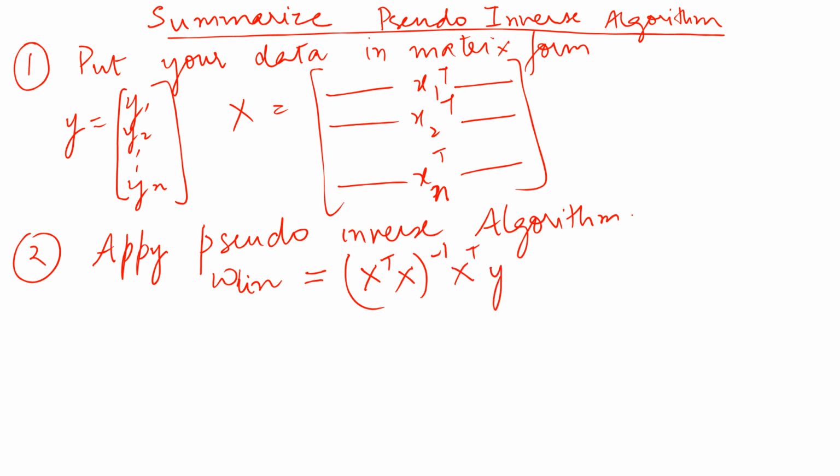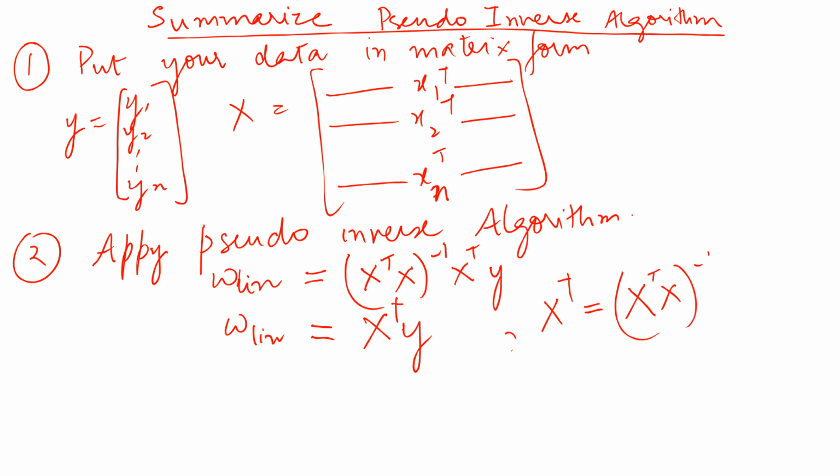More precisely, for the most general scenario, this is written as X pseudo inverse times y, where X pseudo inverse is nothing but X transpose X inverse and X transpose, basically when the inverse for this exists.